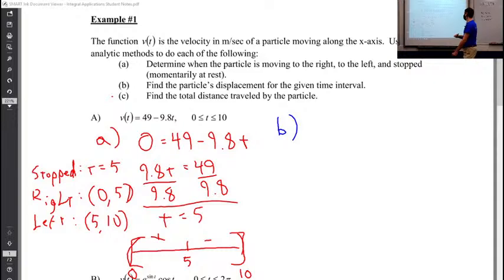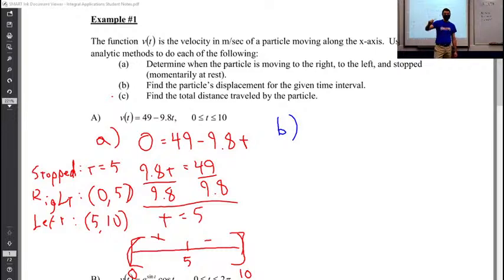So the displacement should be the position that I ended minus the position that I started. So, subtracting the endpoints of position. Guess what's going to subtract the endpoints of position? It's going to be the integral. Because the integral will take top bound minus the bottom bound.